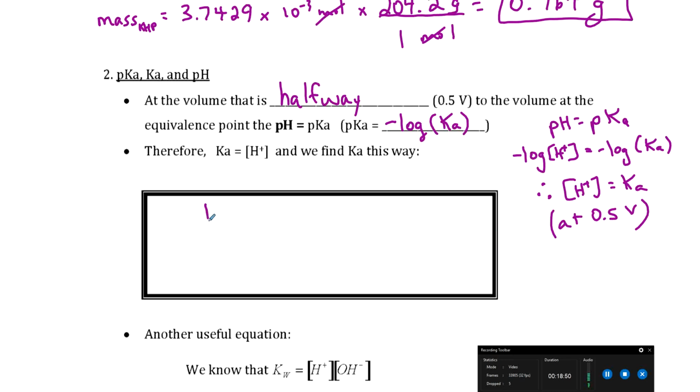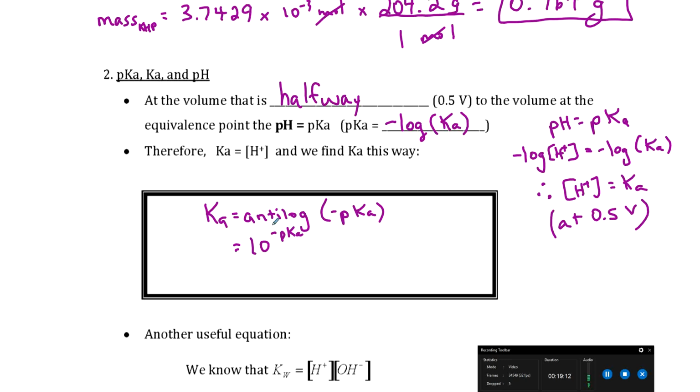So another way to write this is Ka equals, if you're looking to solve for Ka, the antilog of the negative pKa. Or we often just write it like this, 10 to the power of the negative pKa.